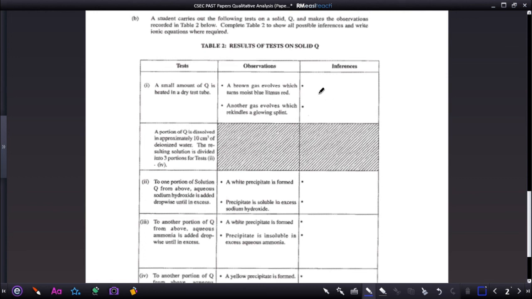Okay, so the brown gas evolved, we can infer that nitrogen dioxide was produced. The gas that rekindles a glowing splint also indicates that oxygen gas, O2 gas, was also produced.